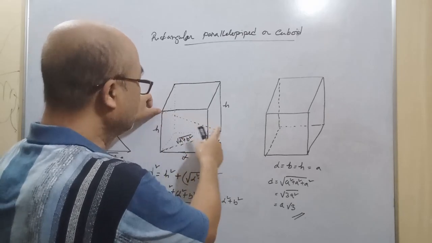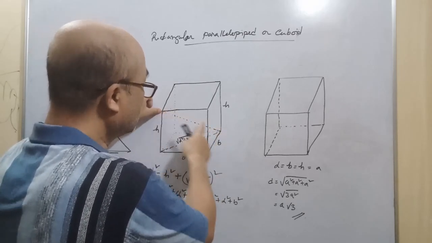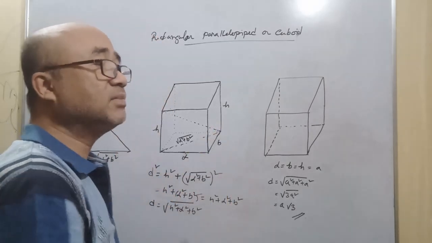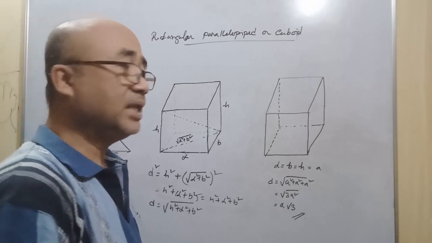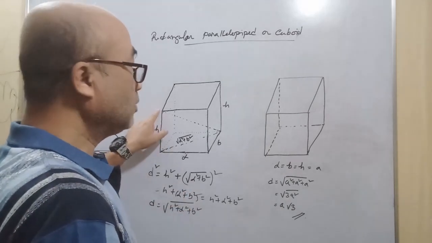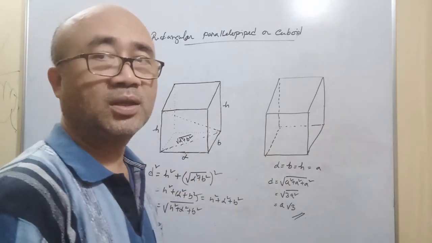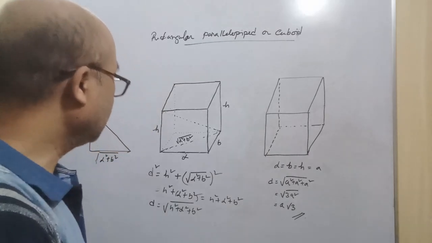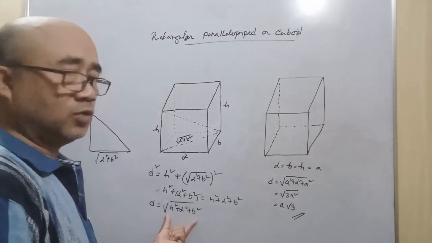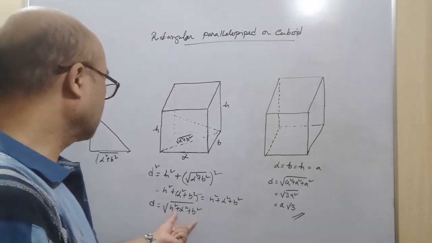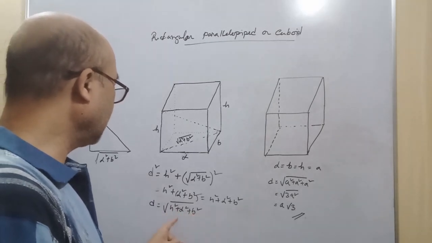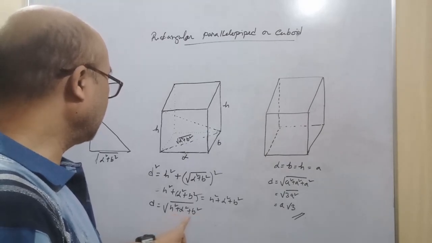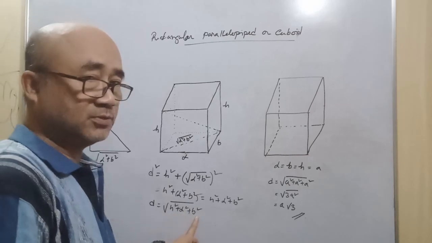A diagonal from one vertex to the opposite vertex inside a cuboid represents the maximum length of the line that can be drawn from one point to another inside it. So remember this. And how do we find the diagonal? By using this formula, root over h square plus l square plus b square, where h, l and b are height, length and breadth respectively.